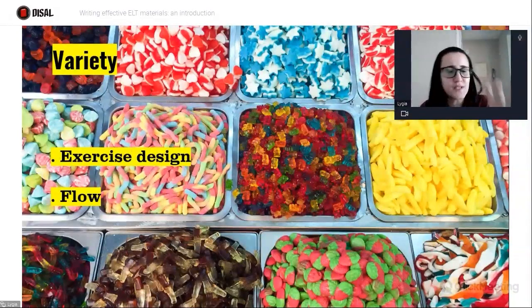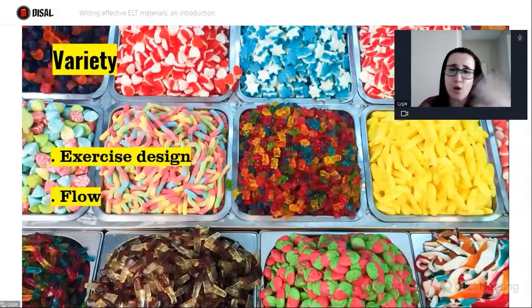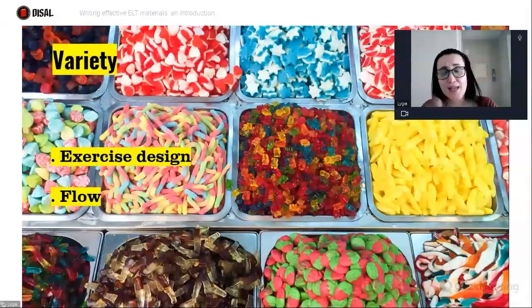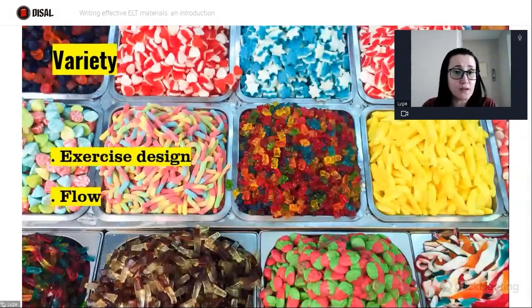So the first activity on a worksheet or in a course book, you may notice, is usually a heads up activity. As I've mentioned, this is something that you can consider so that your materials achieve a good flow. Let me take a look at the chat box one more time.